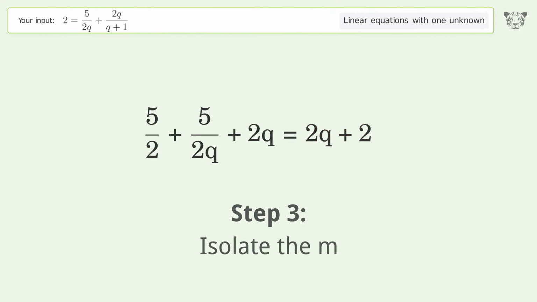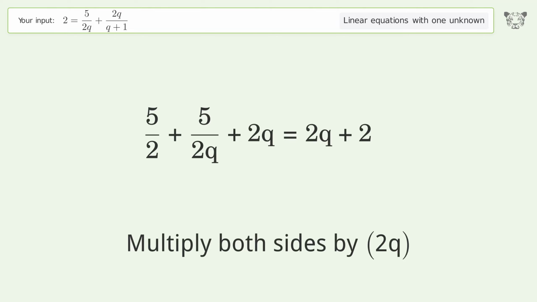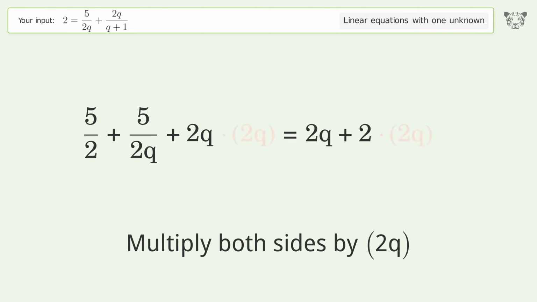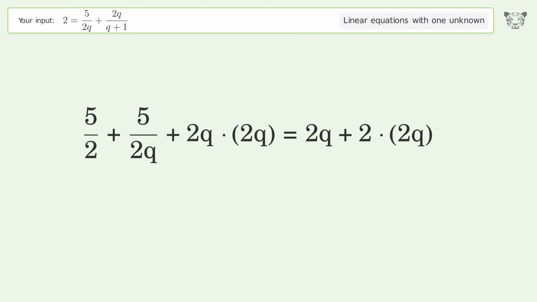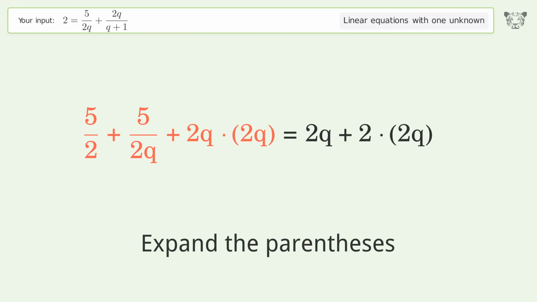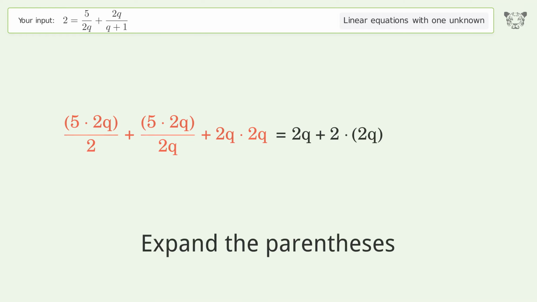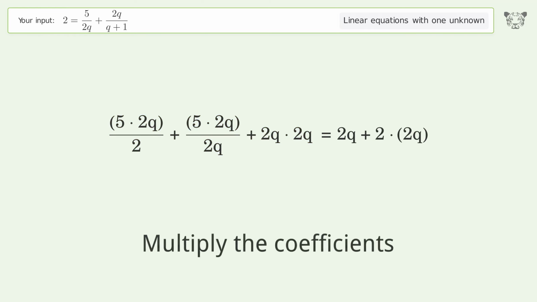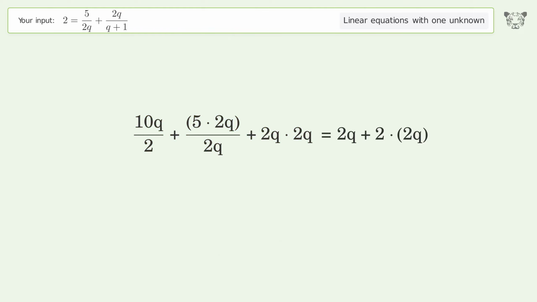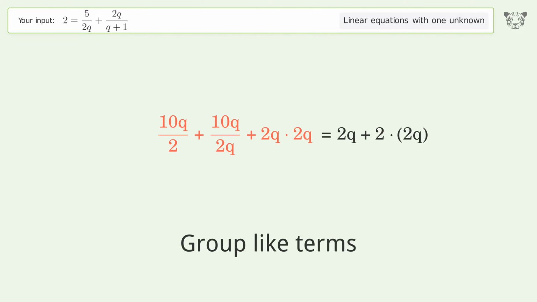Isolate the m. Multiply both sides by 2q. Expand the parentheses. Multiply the coefficients. Group like terms.